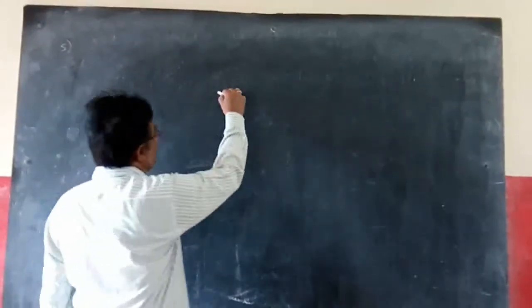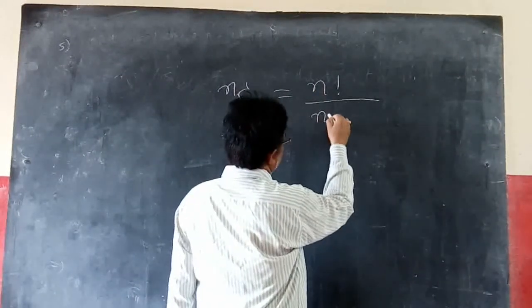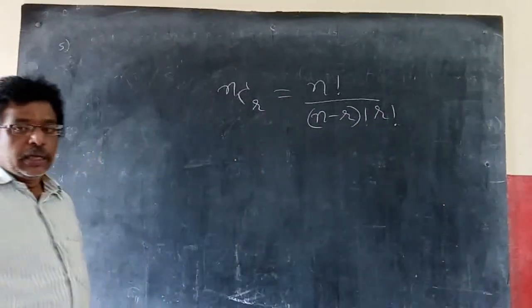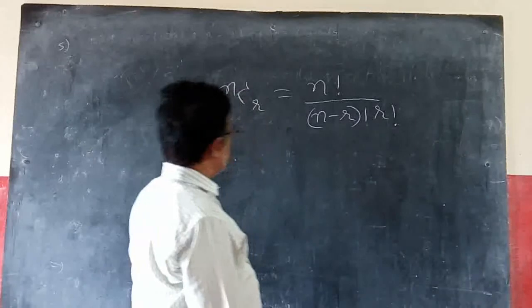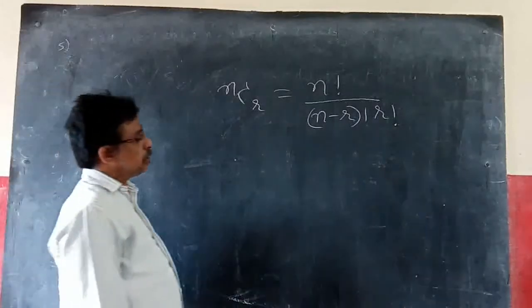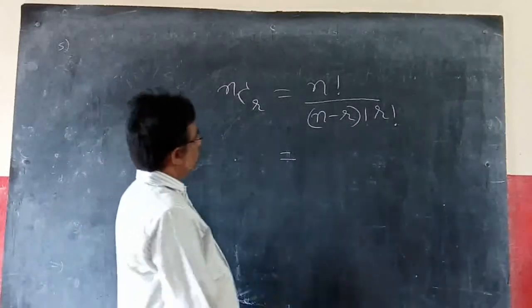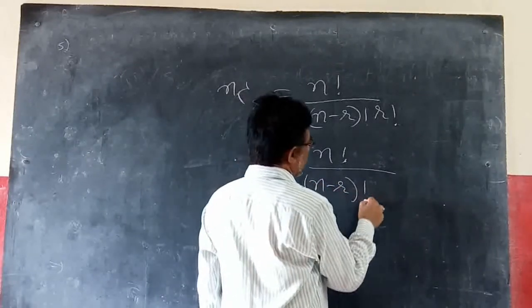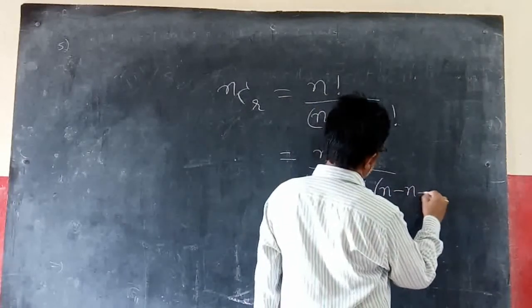Now what I told: nCr equal to n factorial by n minus r factorial into r factorial. Can I write the r factorial as n minus n plus r factorial?